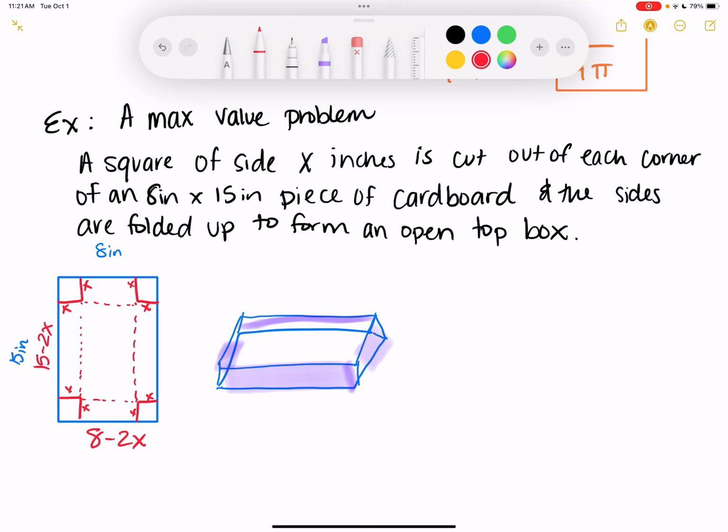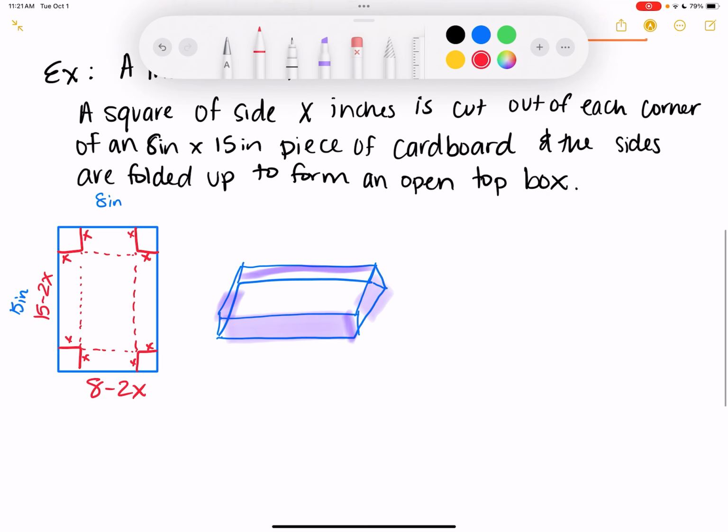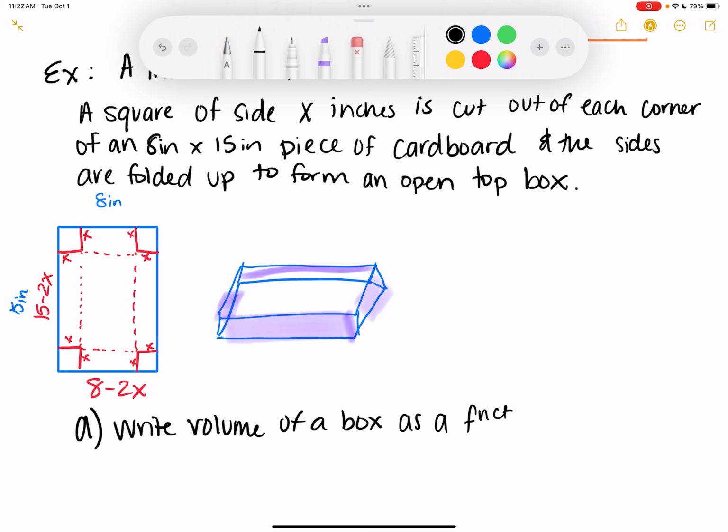Part A, write the volume of a box as a function of x. So length times width times height.